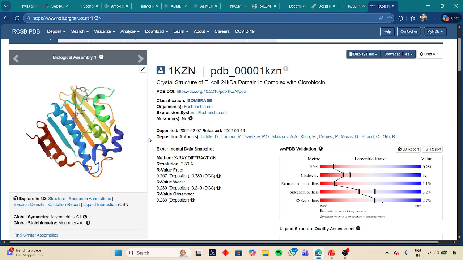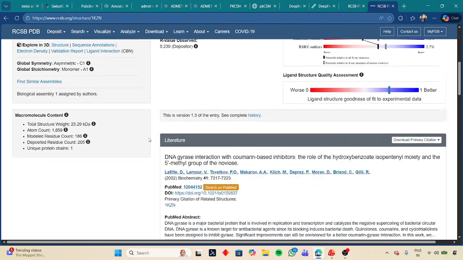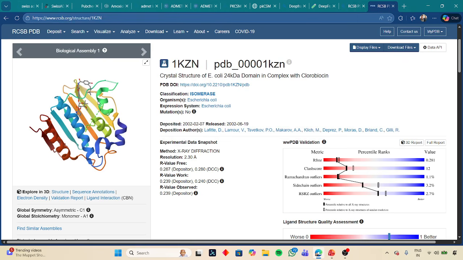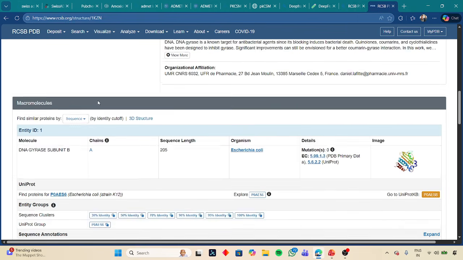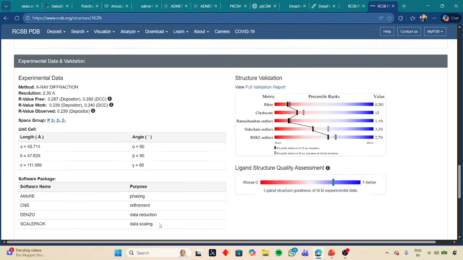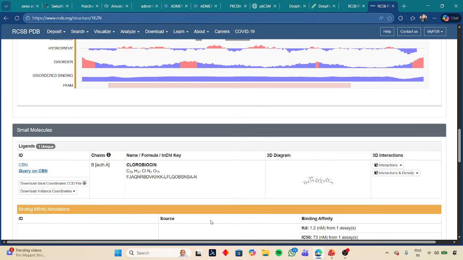I showed it just for demonstration. Then this is the submitted work and the ID given to it. The DNA gyrase has a single chain with an amino acid sequence length of 205. So 205 amino acids are present here, and the ligand attached to the receptor is CBN, chlorobiocin.